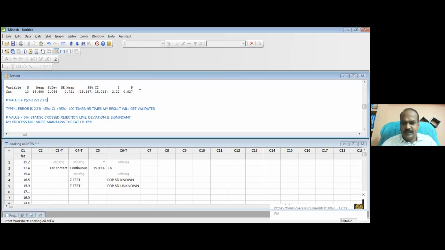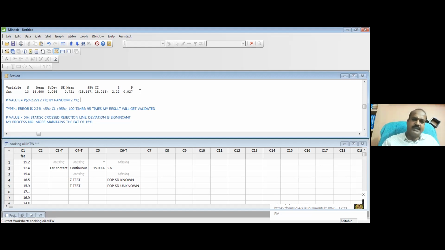That means by random chance, a 2.7% chance is there. So what you observed could have happened randomly. And if something happens randomly, that's the error. If something happens randomly, that's nothing but the type 1 error.